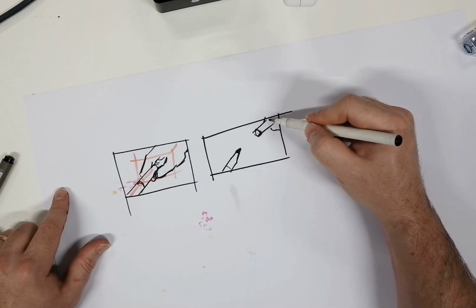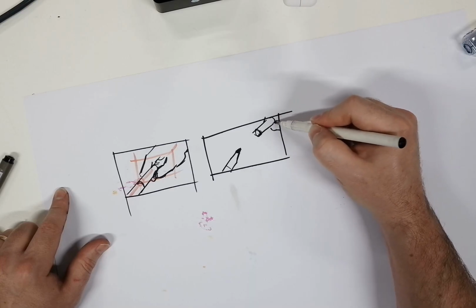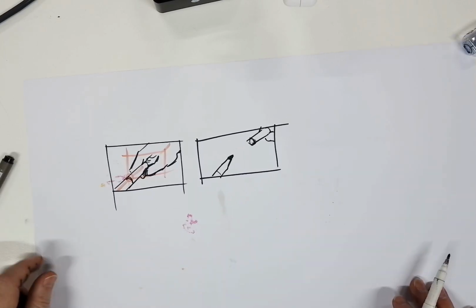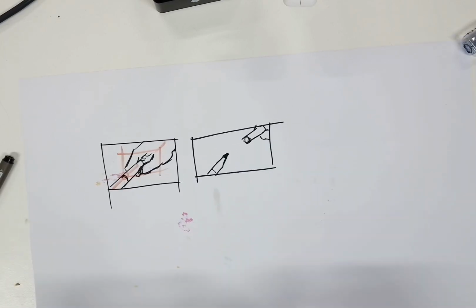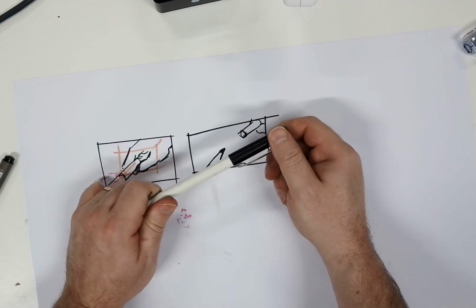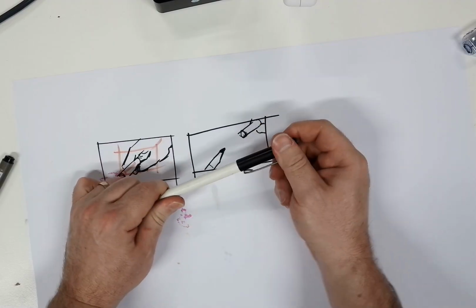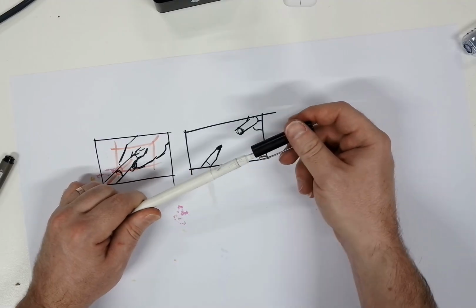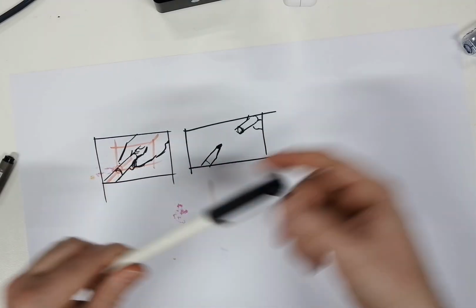Suggesting the hand. But this is enough information to explain that action, because the only key moments are that the lid's on and the lid's off. We can pretty much assume people can figure out what happens in between there.